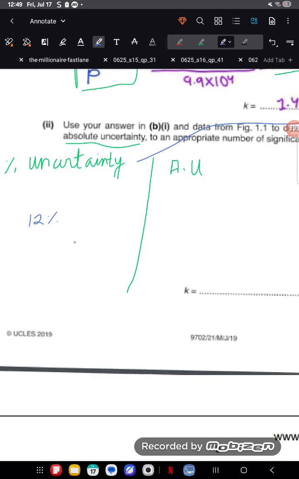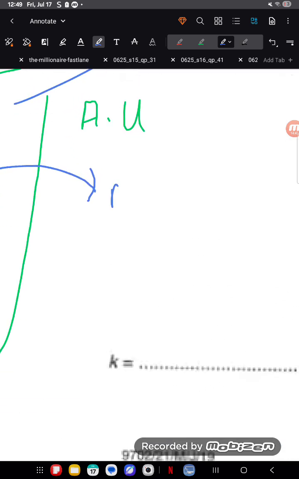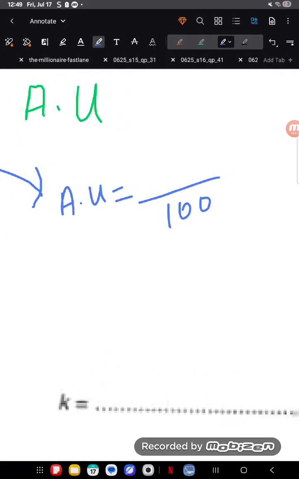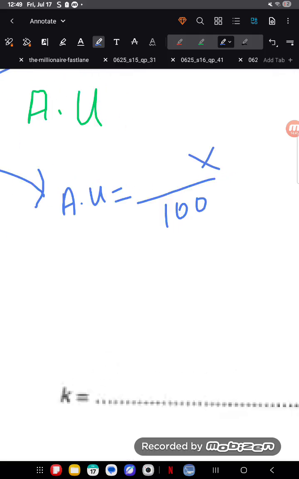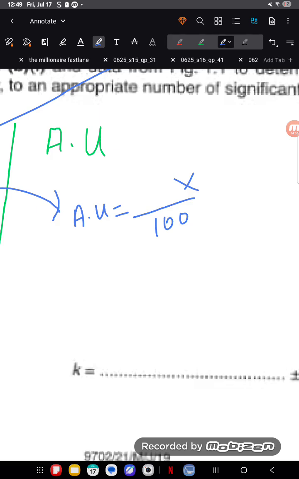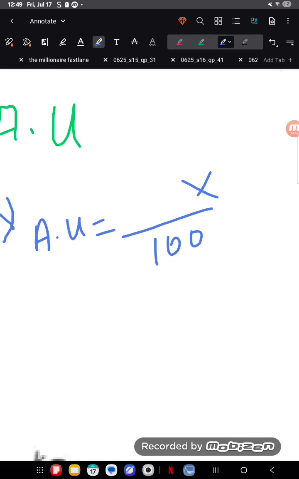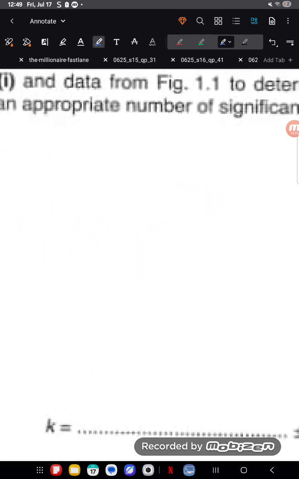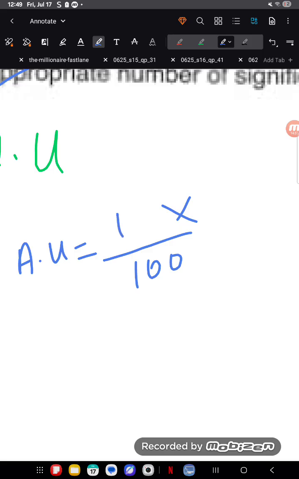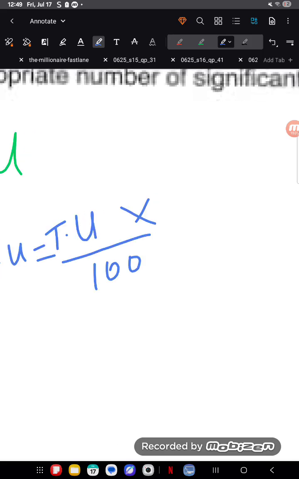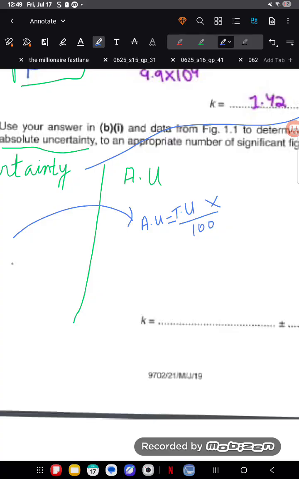So the percentage uncertainty, this one I will substitute here, I need it here because for absolute uncertainty, this one is divided by 100, and this is the reading. Reading means the mean value, and this is the total uncertainty we got here.